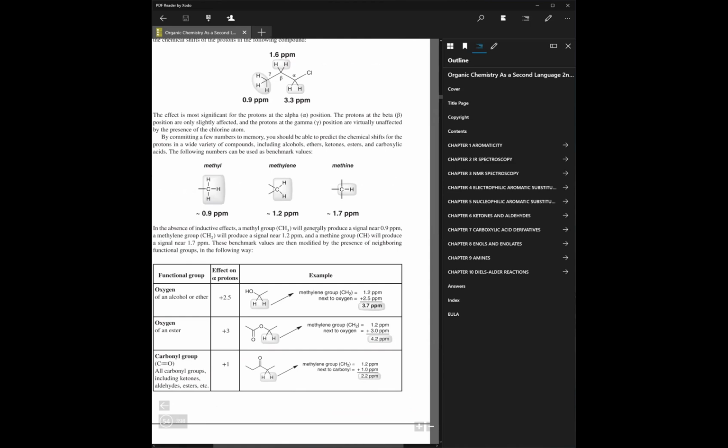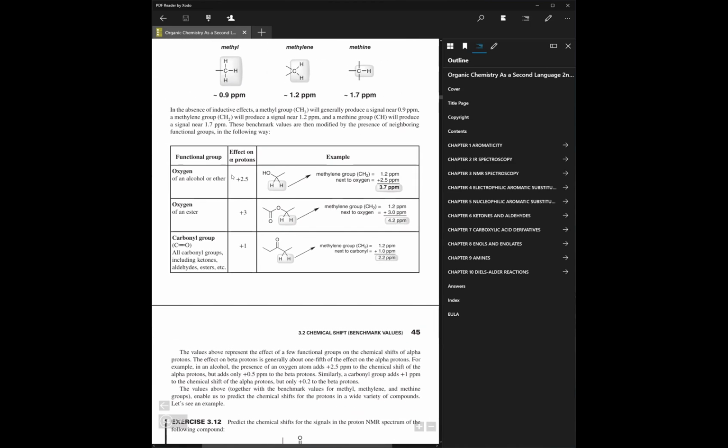And then the main one you always need to know is when you have oxygen groups. So an alcohol or ether gives about 2.5 shift. That makes sense because you're next to oxygen, extremely electronegative. It's going to shift any protons next to it.